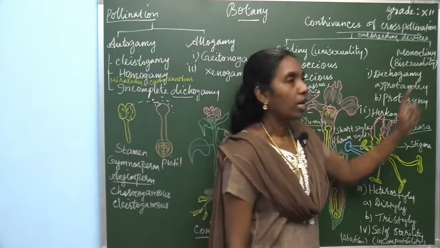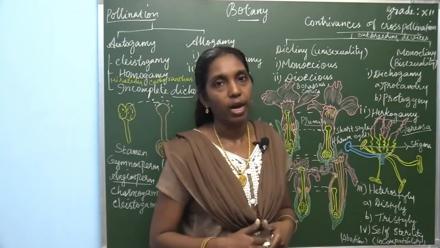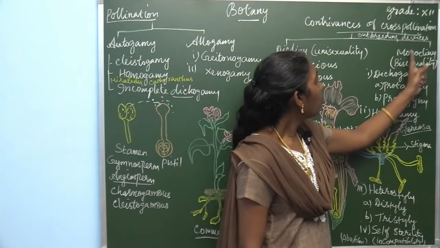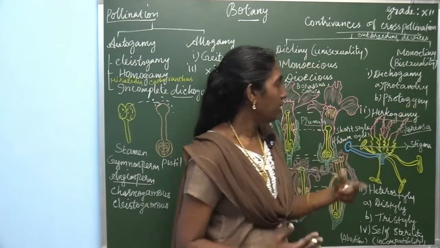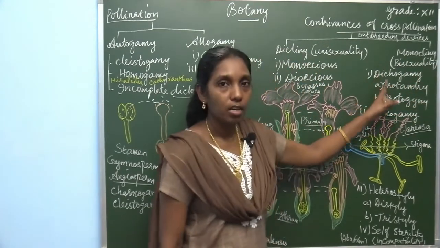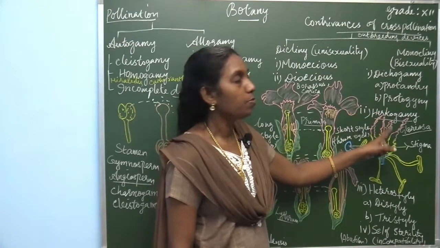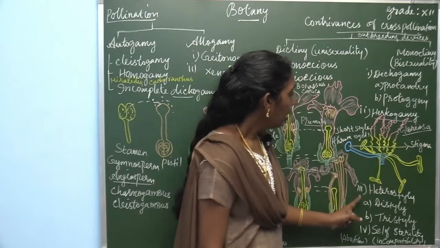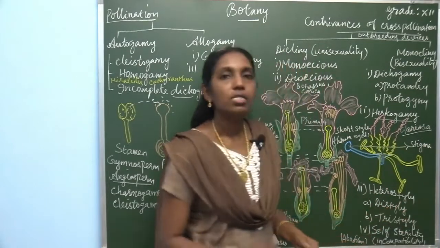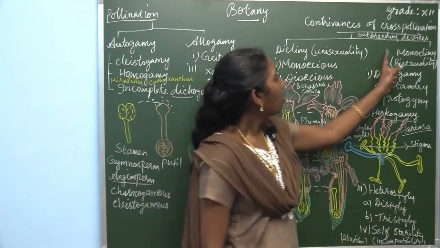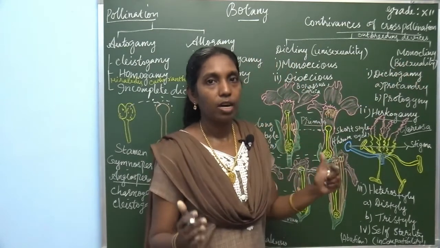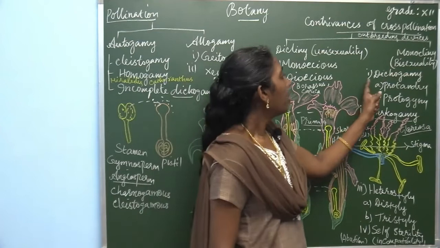Now monocliny, or bisexuality, bisexual flowers. Here there are different types: dichogamy, hercogamy, heterostyly, and self-sterility. Under monocliny, four different types of flowers have been observed.